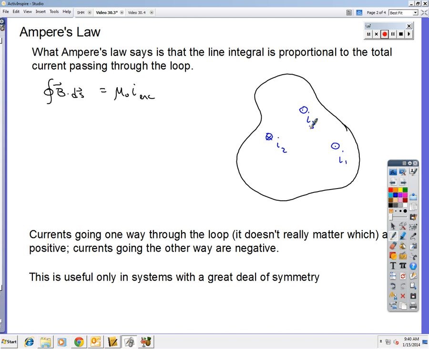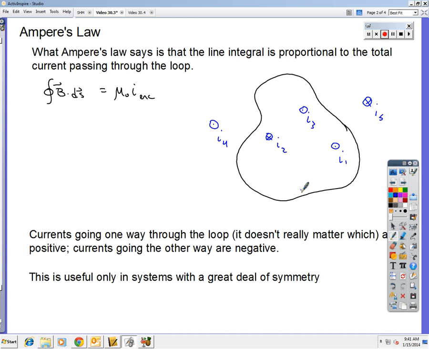And you might also have other currents out here. But just like Gauss's law, where any charge that was outside the surface didn't matter, any currents outside the loop don't matter to the value of this integral.